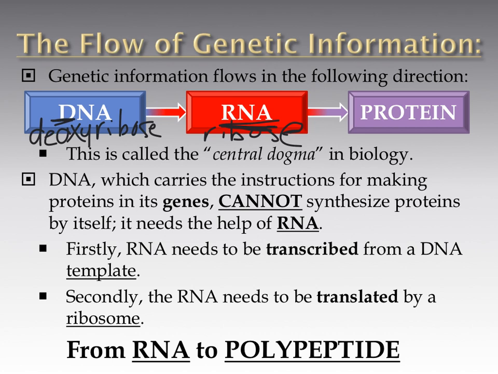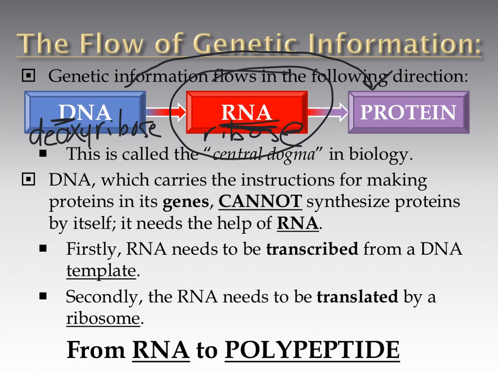Now, DNA, as you should know, is where your genetic code is kept. It's a storage unit. It just stores your genetic information. But the point of having DNA is that it provides instructions to make proteins. Unfortunately, we can't go directly from DNA to proteins. We have this middleman in between, RNA, because DNA is stuck in the nucleus.